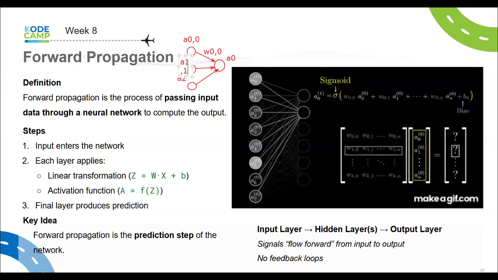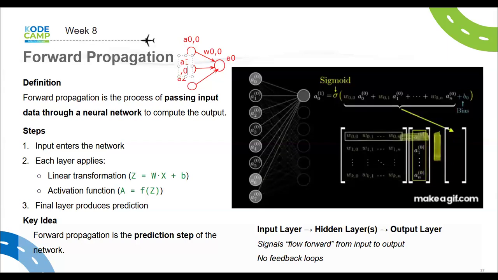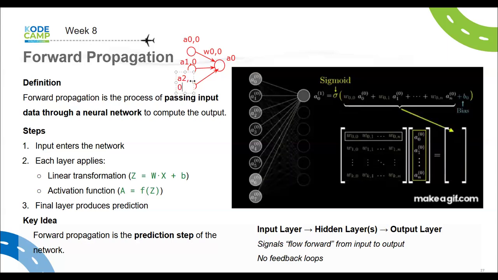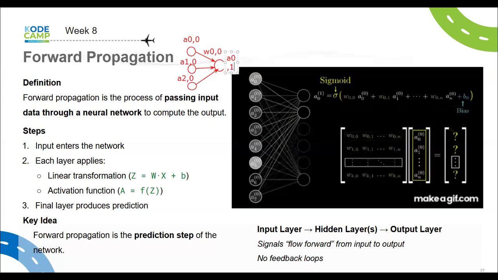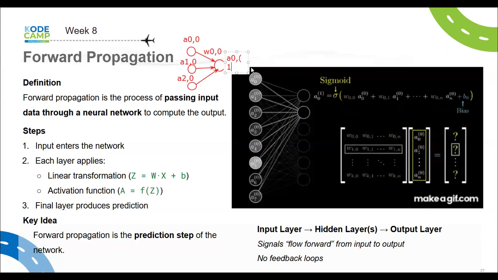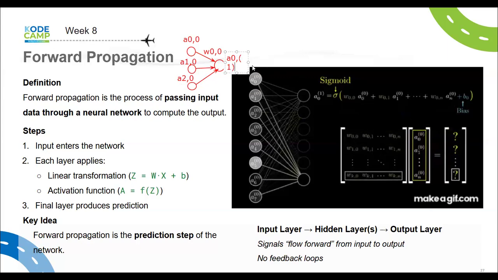A1,0 is A1 on the first layer, and A2,0 is A2 on the first layer. Then this will be A0,1. The second number is a superscript. Basically, it should go up and be in brackets, so ideally it should be in brackets if you want to go by that convention.